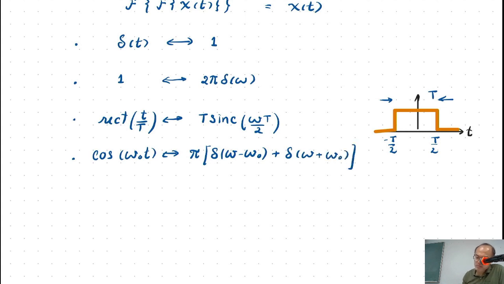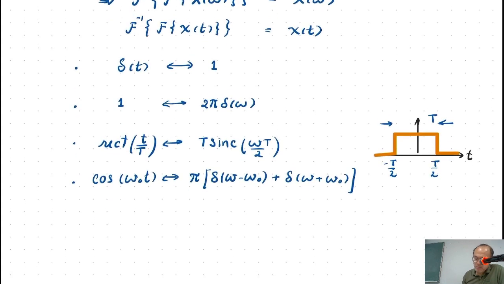So the spectrum of a cosine signal is a pair of impulses, one at omega 0 and the other at minus omega 0. Those impulses indicate that the cosine signal has frequencies at omega 0 and minus omega 0.